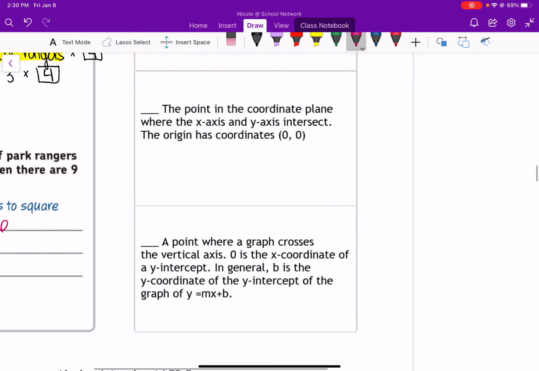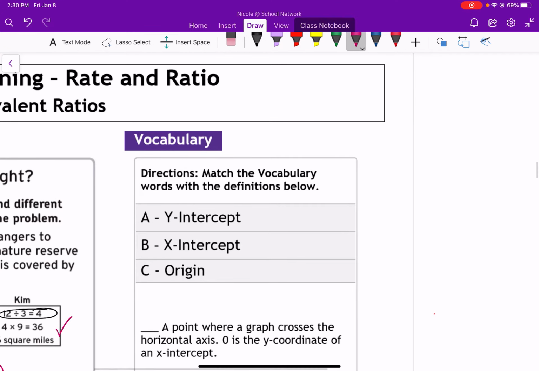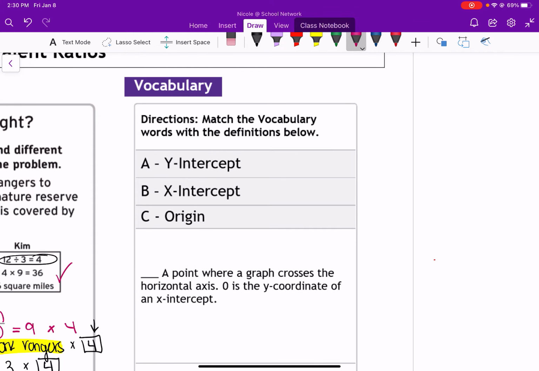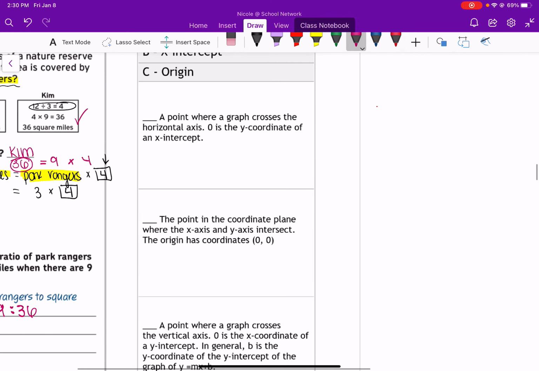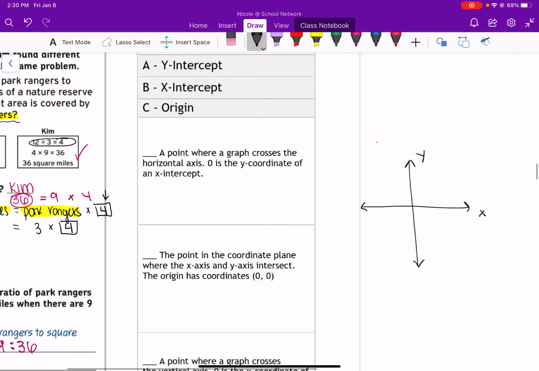Okay. Moving on to the vocabulary part, we have y-intercept, x-intercept, and origin. Okay, so I'm going to make an axis so I don't have to keep drawing it. So here, this is my x-axis, this is my y-axis. So for the first one, a point where a graph crosses the horizontal axis. So here, this is the horizontal axis.